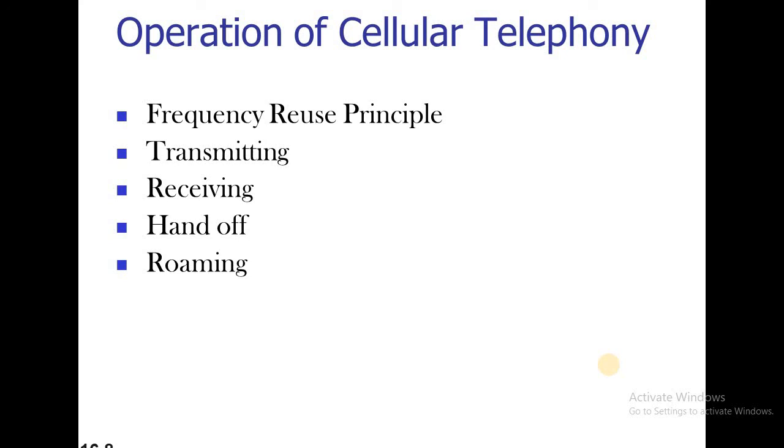Next is receiving. Receiving performs a functionality called paging, where you can track who is calling us. So tracking is done at the receiving side, and it is also called paging. Here you send a query message to the cell we are connected to.